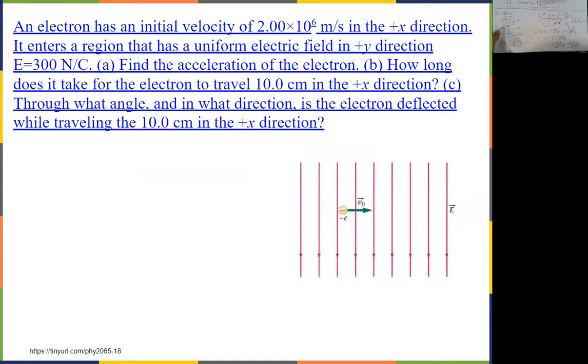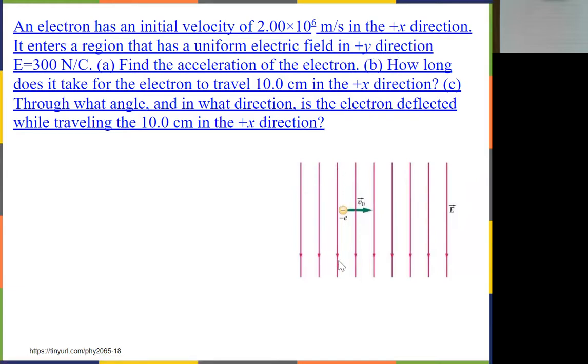We'll take a look at one example here. This one says you have an electron, negatively charged by 1.6 times 10 to the negative 19 here. It says initial velocity 2.0 times 10 to the 6 meters per second in the positive x direction. It enters a region that has a uniform electric field in the positive y direction.